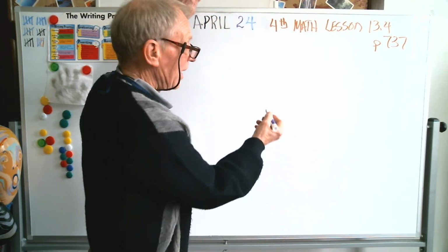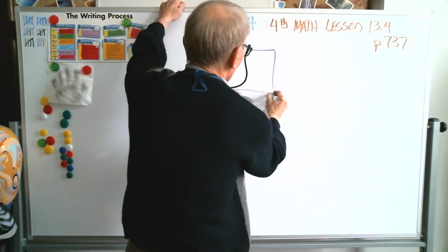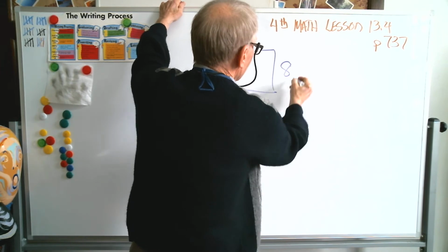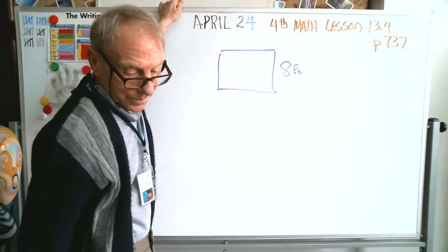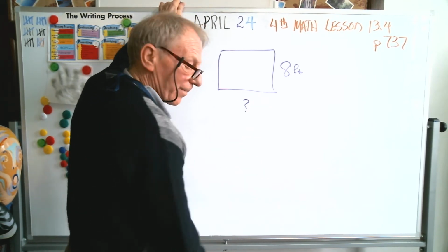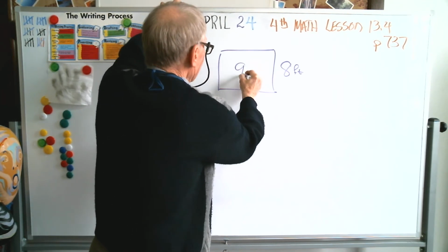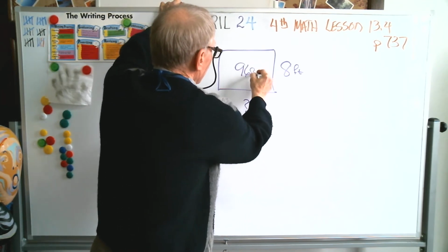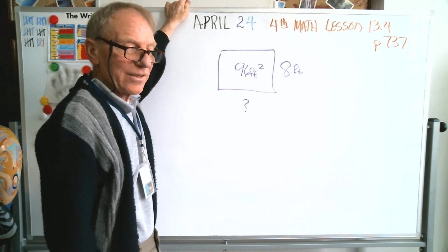We've got a rectangle, and we're told that the one is 8 feet. We don't know what the length is, but we do know that it has an area of 96 square feet.